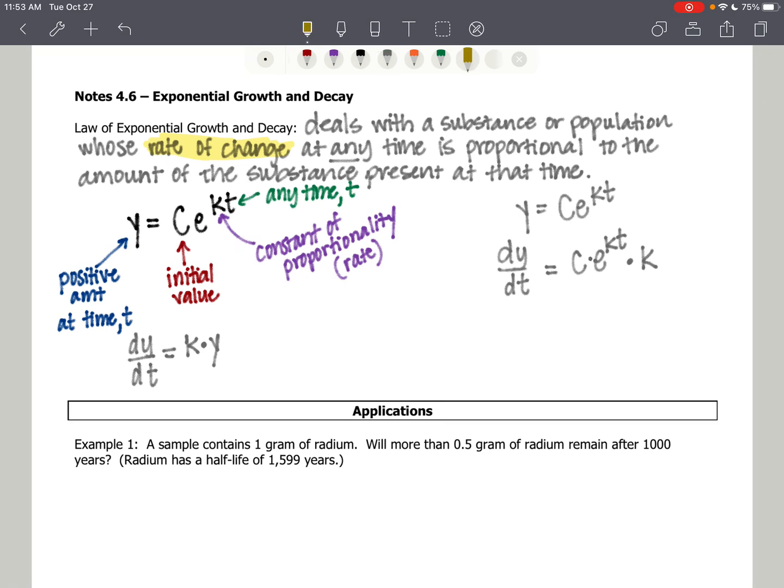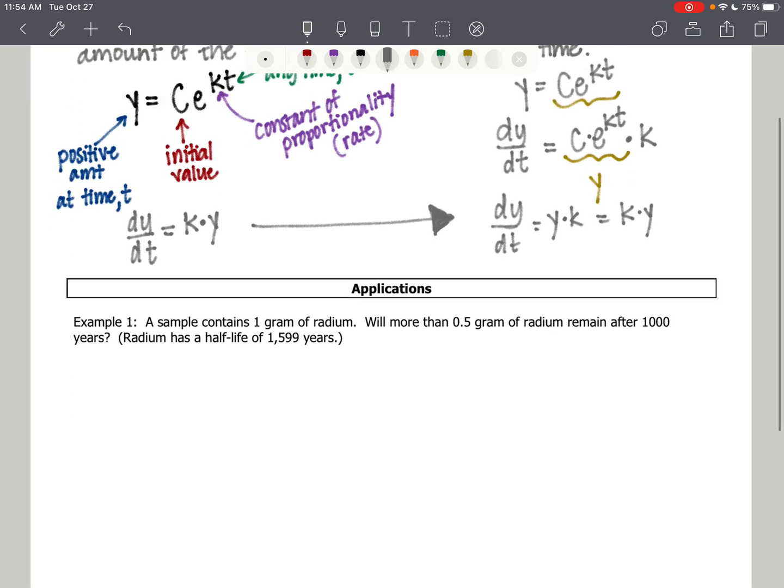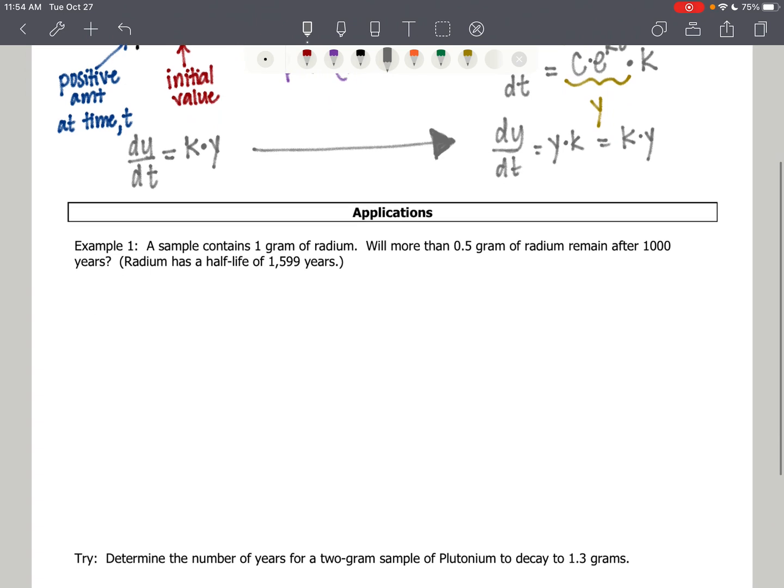Now, remember, c times e to the kt is just another way to say y. So we have dy/dt equal to y times k, which we also write as k times y. So that's where the definition comes from. That's pretty darn cool. Okay. Enough coolness. Let's do our first example.